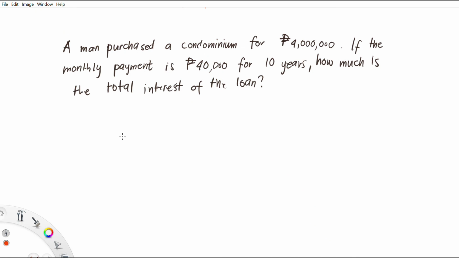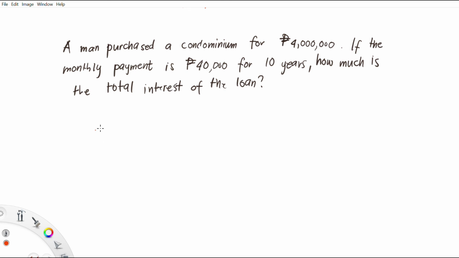Another problem we have: a man purchased a condominium for 4 million pesos. If the monthly payment is 40,000 pesos for 10 years, how much is the total interest of the loan? In this kind of problem, we look for the total amount paid first, then subtract the amount of mortgage, which is 4 million, to get the total interest of the loan.